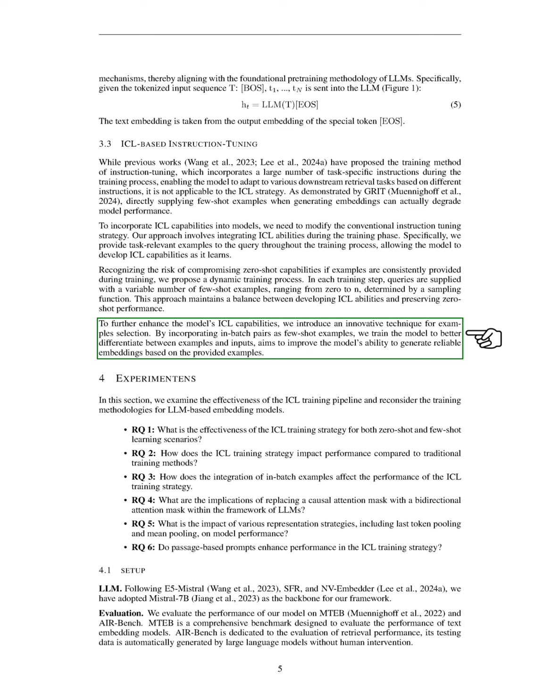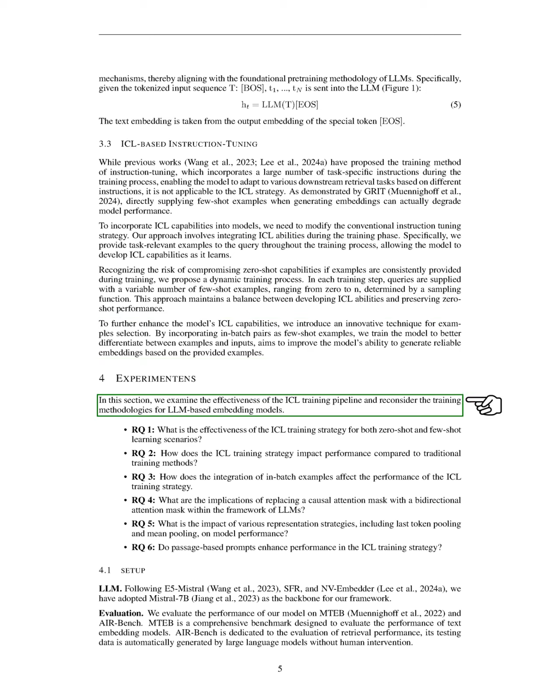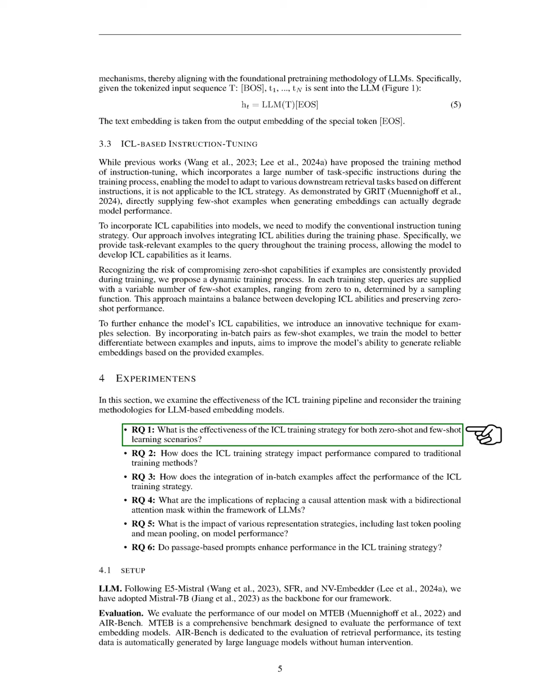Section: Experiments. In this section, we explore the effectiveness of the ICL training pipeline and reassess the training methods for LLM-based embedding models. We pose several research questions. 1. How effective is the ICL training strategy in zero-shot and few-shot learning scenarios? 2. How does ICL compare to traditional training methods in terms of performance? 3.